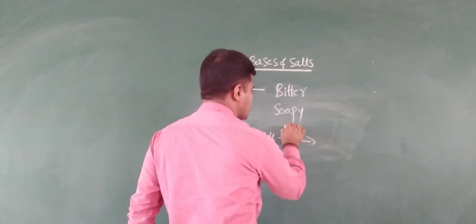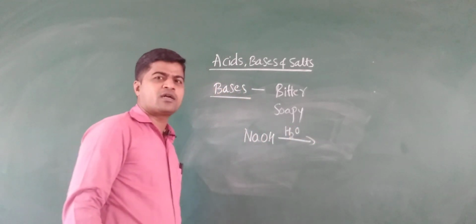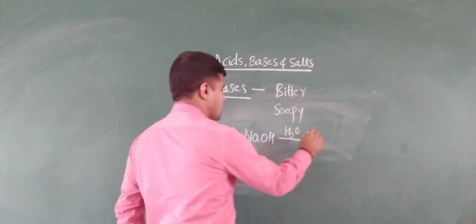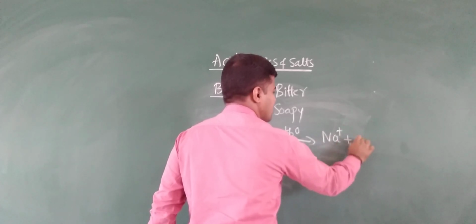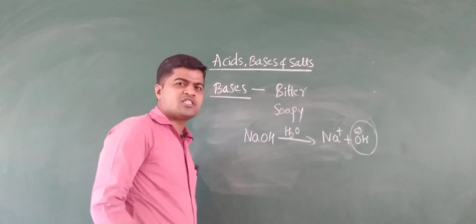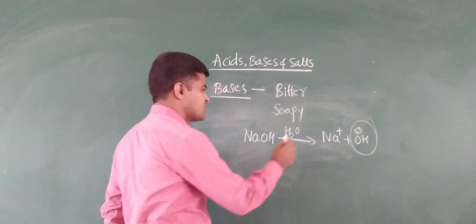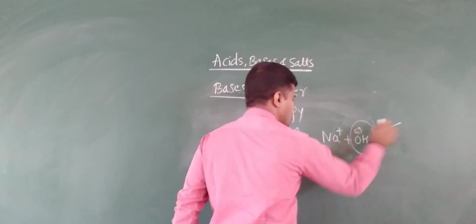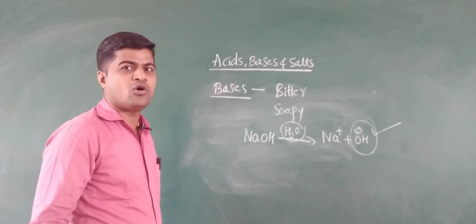When you add sodium hydroxide to water, it dissolves and gives Na plus and OH minus ions. A substance which gives OH minus ions when dissolved in water is called a base.